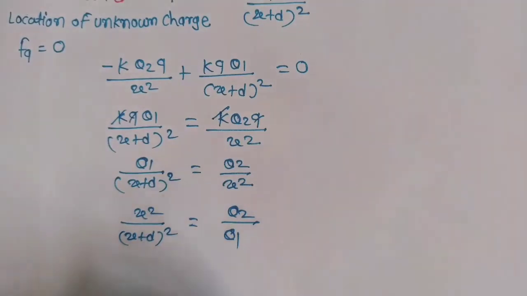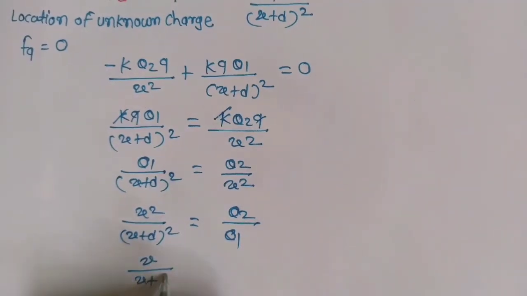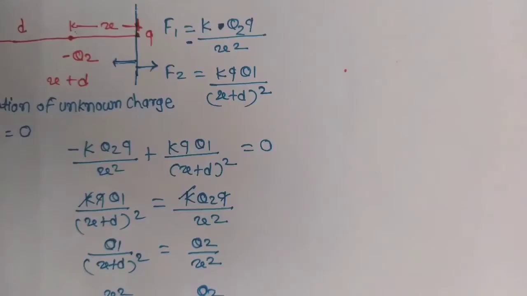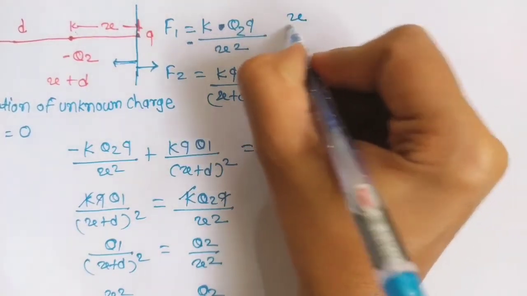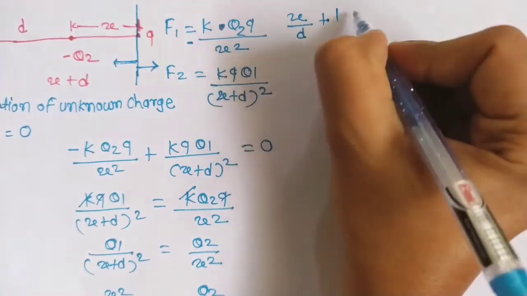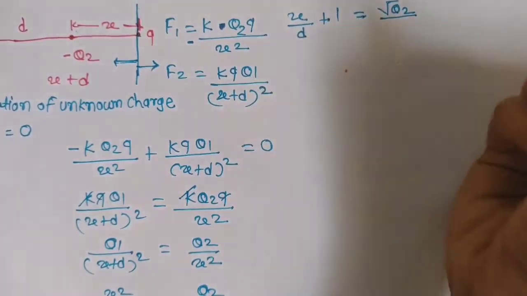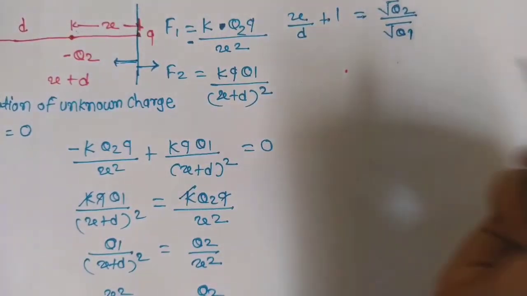So we can take the square root. So x upon (x plus d) is equal to square root of Q2 upon square root of Q1. And we can write it as x by (d plus 1) is equal to square root of Q2 upon square root of Q1.